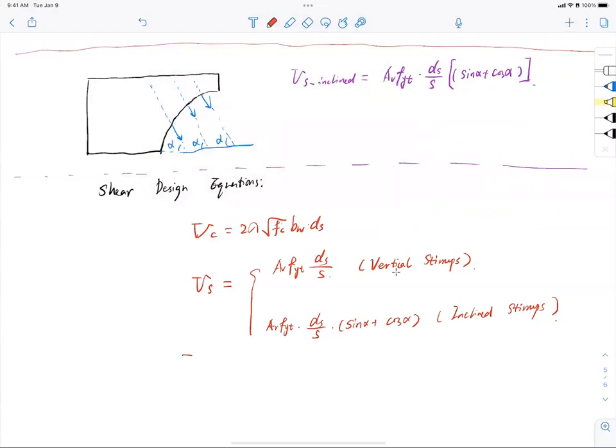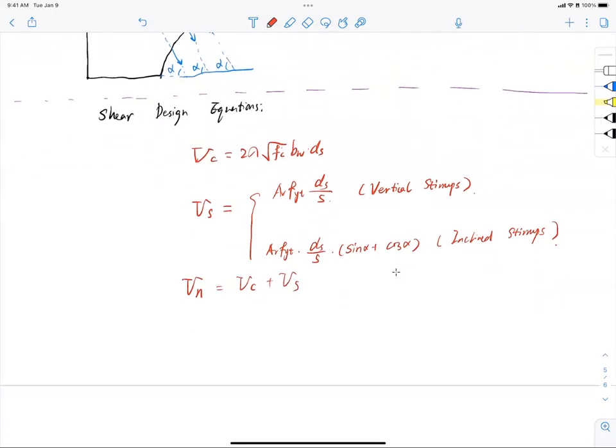The total shear resistance Vn equals Vc plus Vs. Vn equals Vc plus Vs, and phi Vn, the design strength, equals phi times Vc plus Vs. And the whole thing has to be greater than or equal to the applied shear force, Vu.